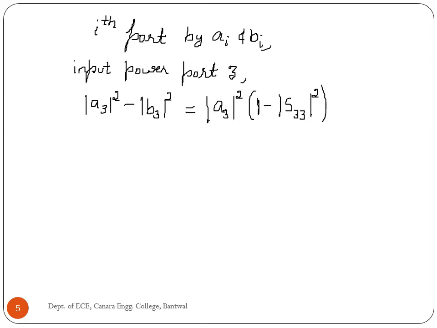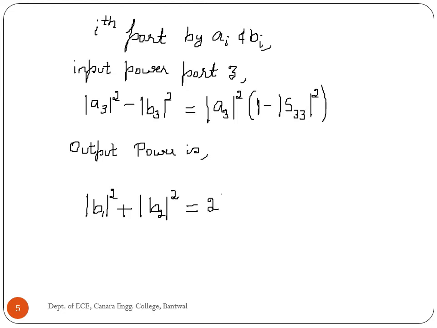And the output power is B1 square plus B2 square is equal to 2 into A3 square into S13 square.